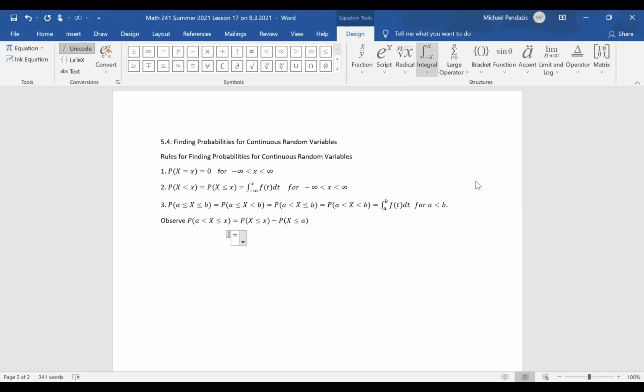So the first one is the integral from negative infinity to little x of f of t dt. And then you subtract from that the integral from negative infinity to a of f of t dt.